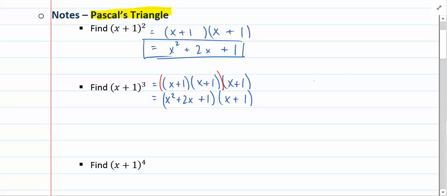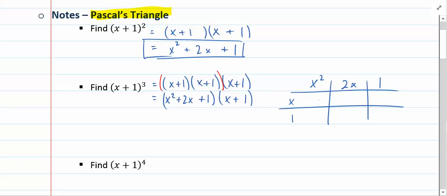We can build a table. X squared, 2x, and 1 can be listed as a row, and x and 1 can be listed as a column. Then we can multiply each row by column here and find our result for this product. This leaves me with x cubed.